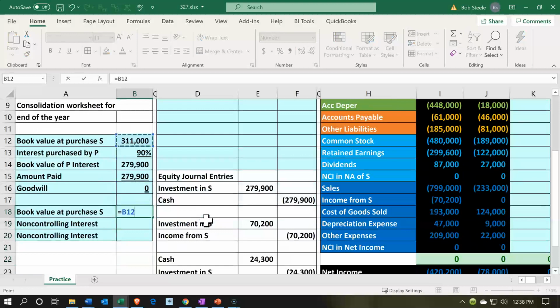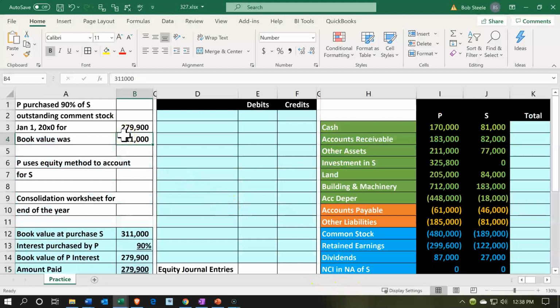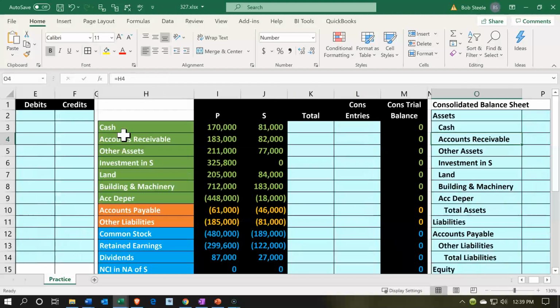Well, if we take the value as of the point in purchase and multiply it times the 10% now, the non-controlling interest would be 31,100. So the 279,900 and the 31,100 add up to the 311. So the 311 being the book value as of point 0, the point of purchase. Okay. So then we're going to be putting these two things together. So we have P and S.